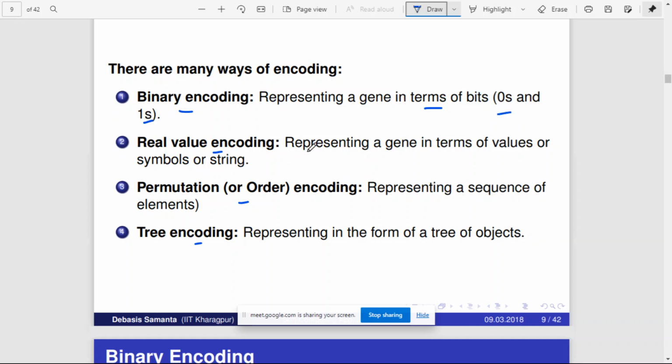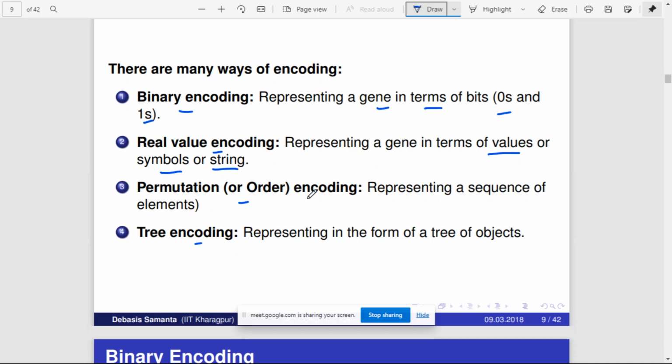In real value encoding, we represent the gene in terms of values or symbols or strings. So in binary encoding, genes are represented only through a combination of zeros and ones, whereas in real value encoding, the genes are represented through values, symbols or strings.